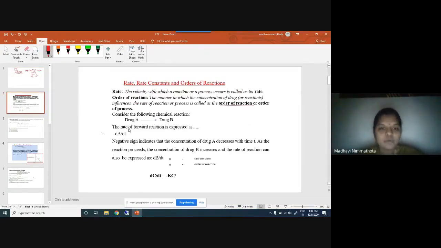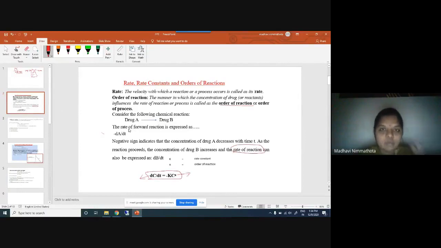Everyone knows this basic equation, right? dC/dt equals minus k C to the power n. Here dC/dt denotes the rate of reaction, and small n represents the order of reaction.